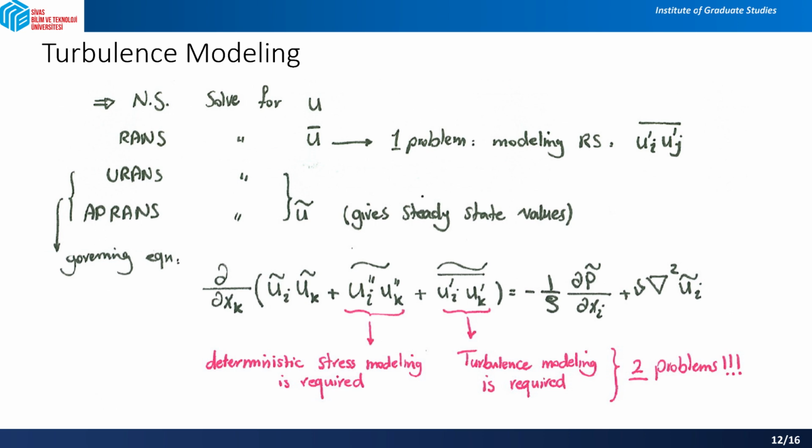How? Just by using RANS equations, Reynolds-averaged Navier-Stokes. We said if we want to model turbomachinery, we have to include unsteadiness, and we use URANS equations. And URANS equations actually give me the behavior of u tilde, not even u bar, u tilde.